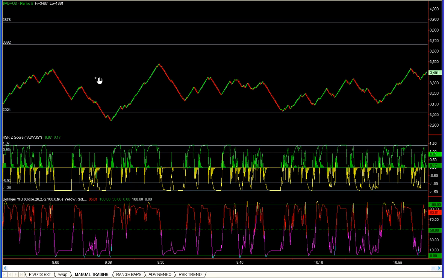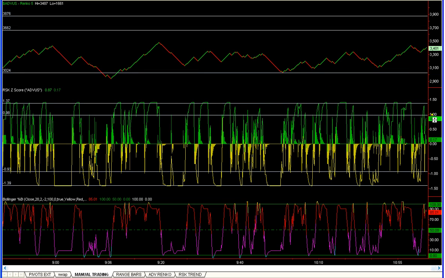I'm going to spend a little bit extra time on this data feed, but the information that I'm going to describe is true for all of the data feeds that we look at. The Z-score, for example, I'm going to just change the size of the subgraph here.